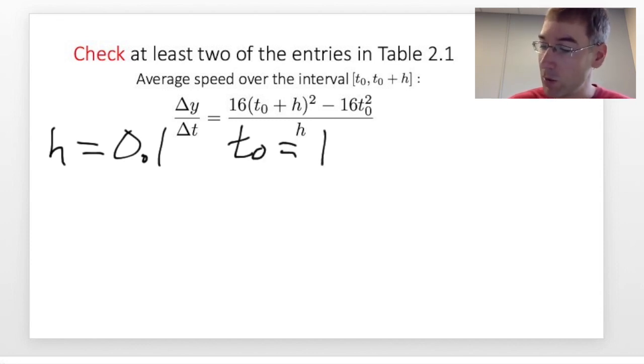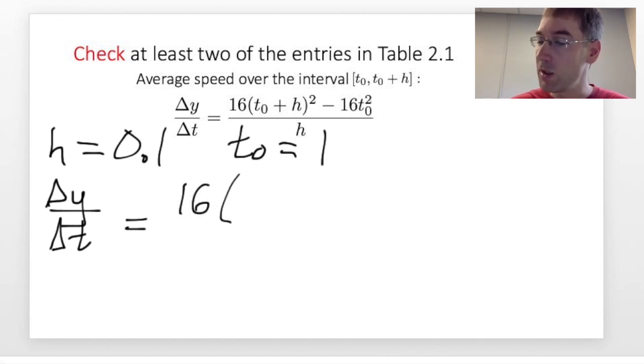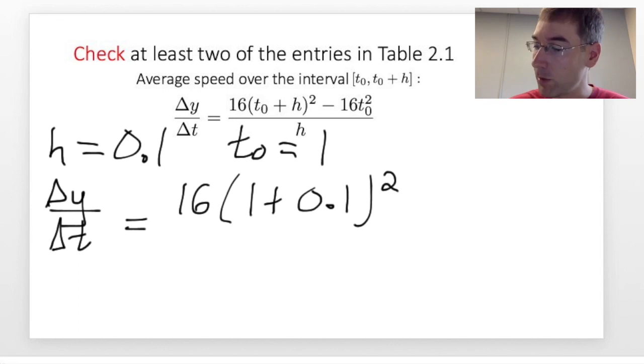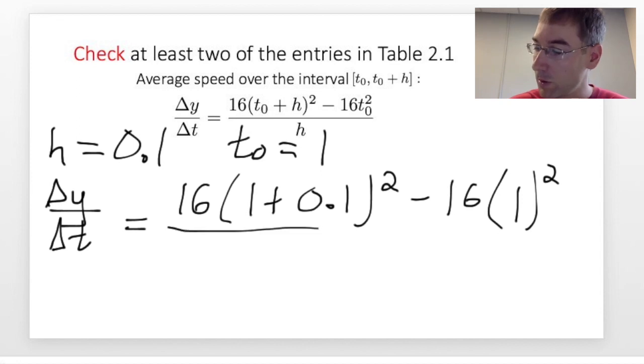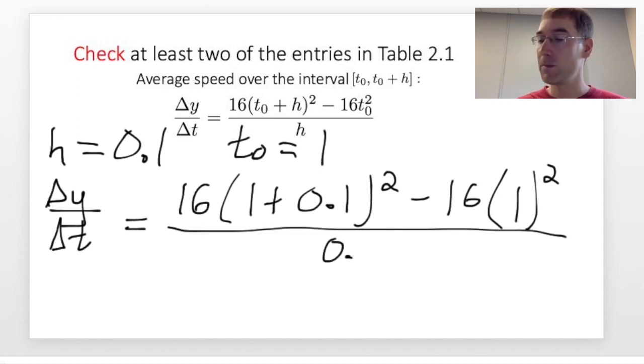Delta y over delta t equals 16 times the quantity t naught 1 plus h 1/10 squared minus 16 times t naught squared all over h 1/10.